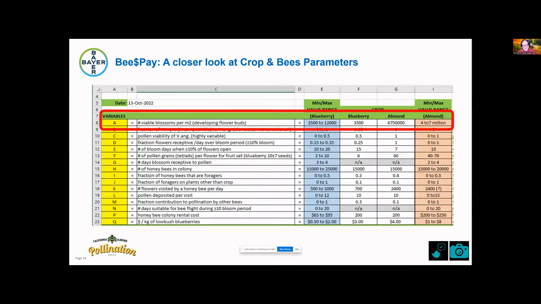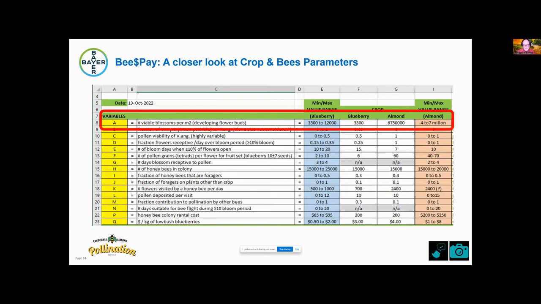So in this chart, we'll take a closer look at the variables section for lowbush blueberry and compare with almond. The A variable is the number of viable blossoms per unit area. In the case of lowbush blueberry, the unit is meter square. The unit was changed to hectare for almond, and the value range had to be updated as a result.